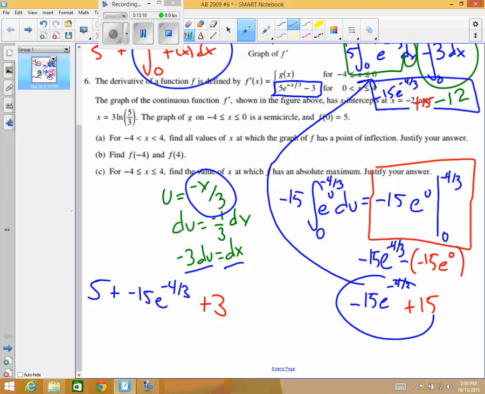We can clean up this final answer, and we see 8 plus or minus 15 e to the 4/3. And that was a really long, drawn-out process, and that was worth 3 points. You got 1 point for your correct integral.